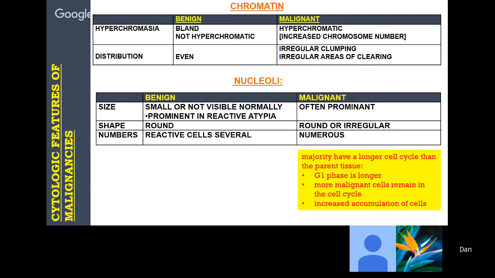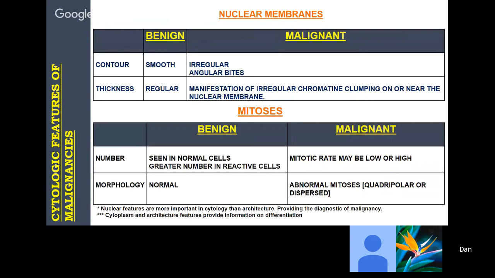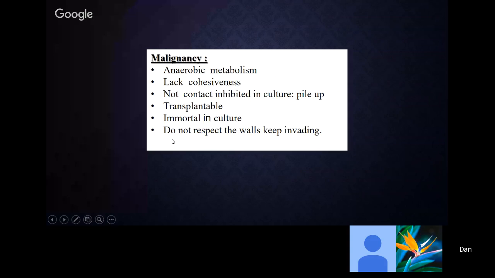And sometimes when you see the division of the cell, you can even recognize the stage of division. The nuclear membrane usually for malignancy is irregular. Benign looks like a normal one, besides being slightly increased in size, and usually malignancy is very clumped together. And remember, mitotic figures are one of your big elements in here.